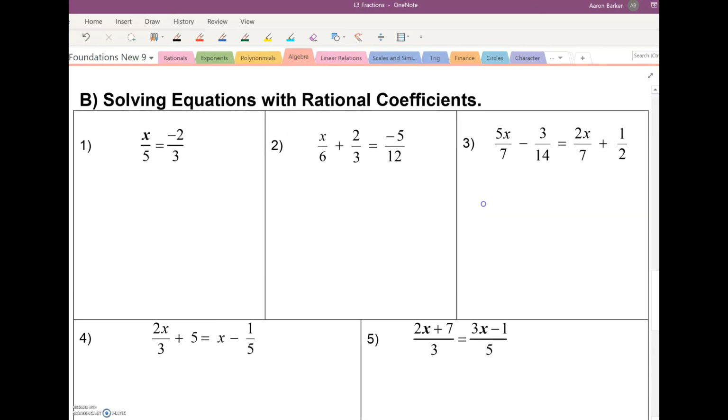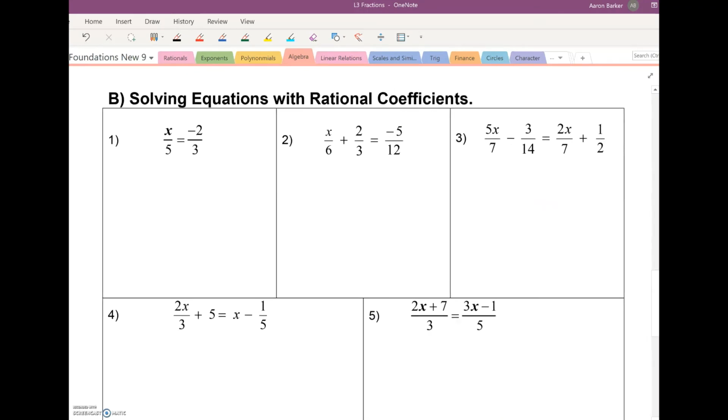Now let's practice and solve these guys all the way. Okay, so here we are continuing. Now we're just going to do the same skills we just practiced with these equations. So you look at the denominator. What is your denominator? You have 5s and 3s. What's the LCM?